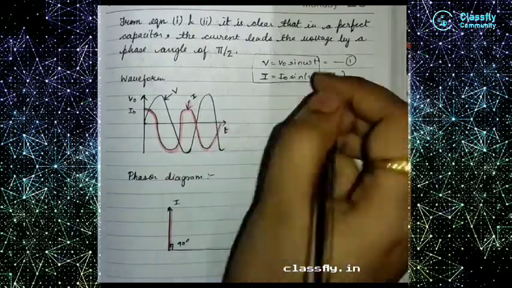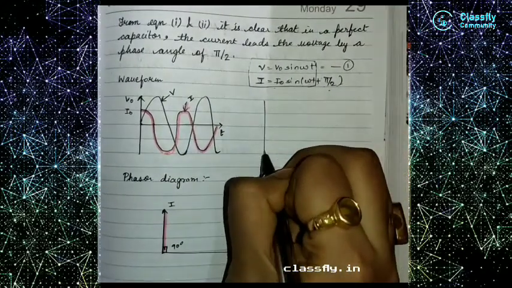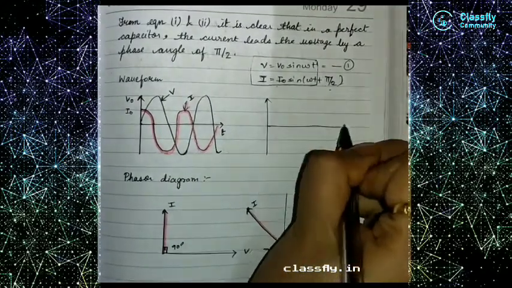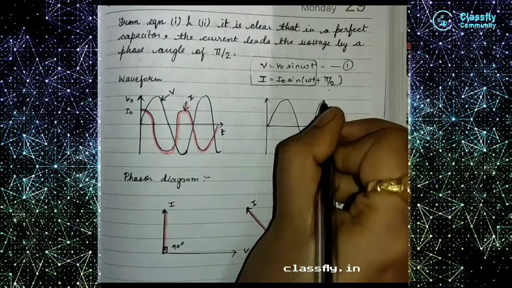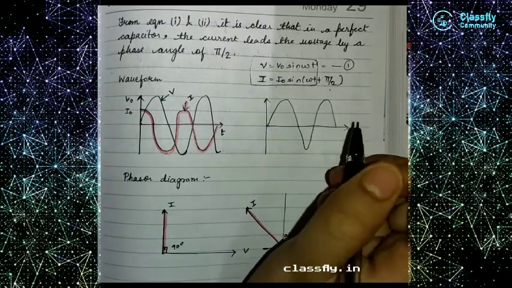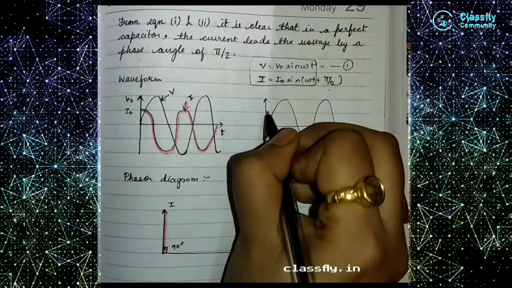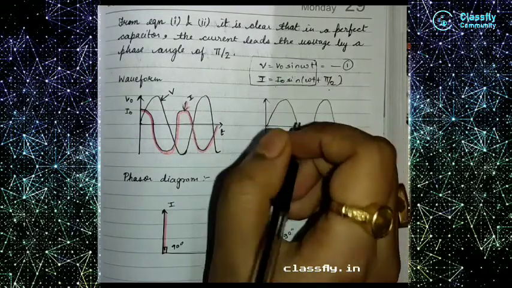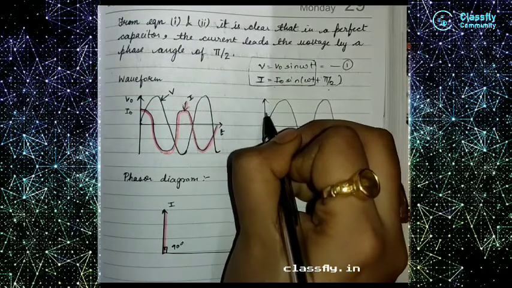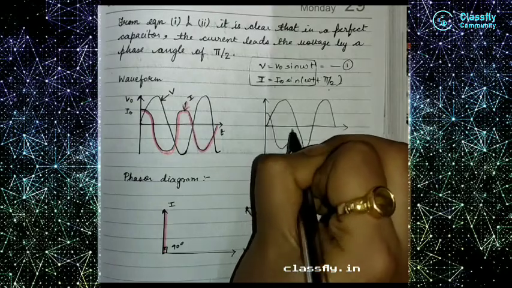So if we make a diagram like this, we know that this is a sinusoidal wave, right? Our current will be leading the voltage by 90 degrees.